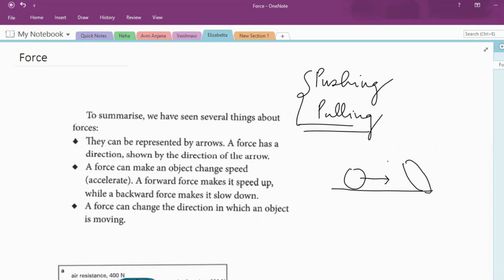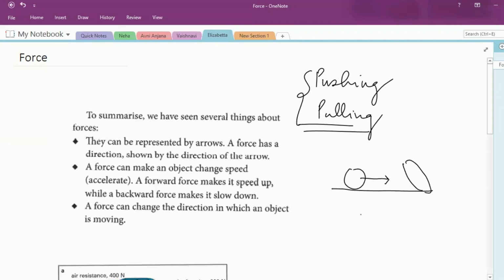It changes the direction, right? So force can also change the direction of an object. So what did we see? Force can make an object move. Force can stop a moving object. Force can also change the direction of an object.